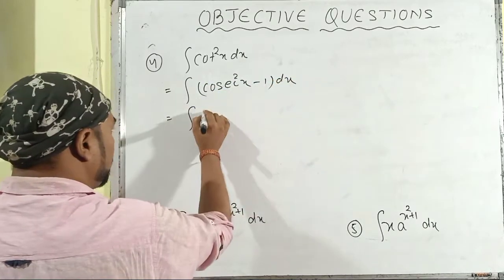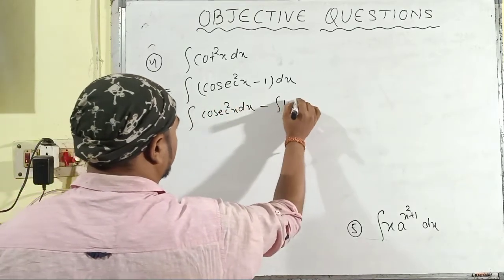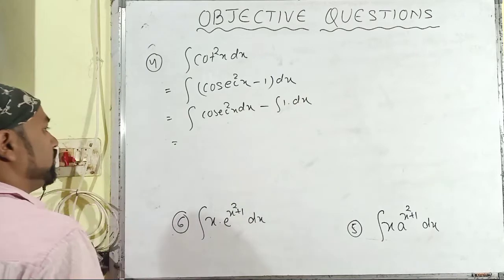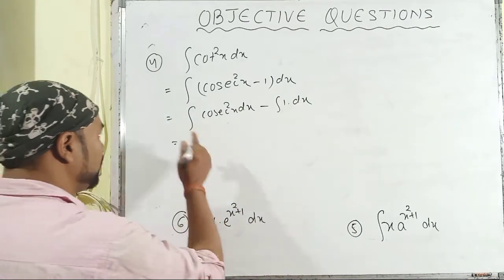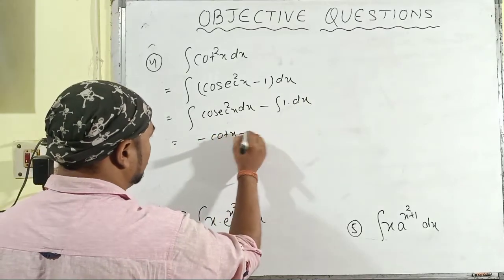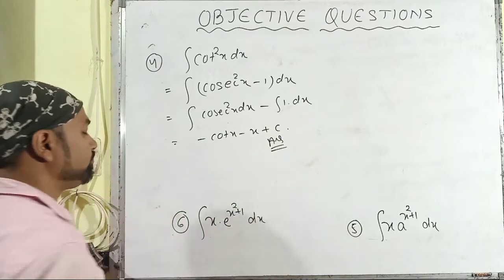Then by using algebra of integration and the standard integral formulas, it will be minus cot x minus x plus c, and here it is your answer.